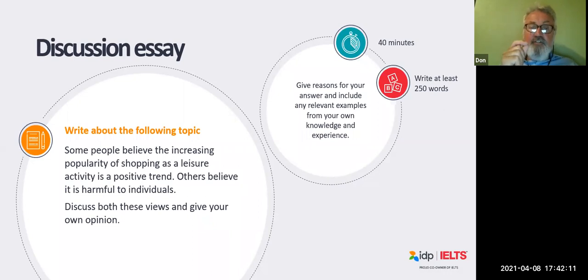If you don't do three things, you will be penalized. So be careful. You must spend a paragraph discussing one view, another paragraph discussing the other view, and another paragraph probably giving your opinion. This essay is probably about 4 paragraphs or 5 if you include a conclusion.